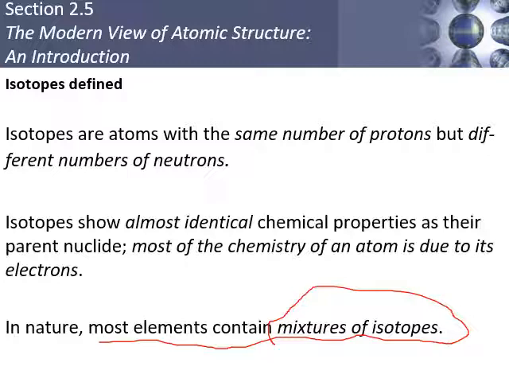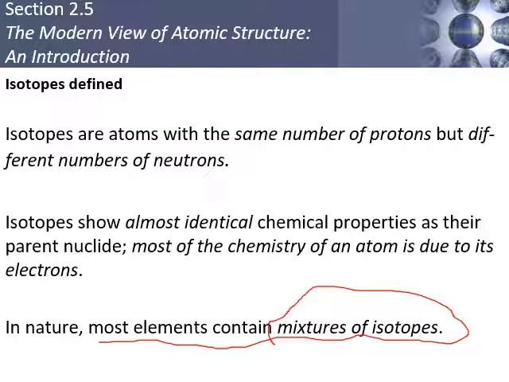But if you look at the chart, and you should do this just as an exercise, find carbon. It's going to have a 6 at the bottom because that's how many protons it has. That's its atomic number. But if you look at the mass number, it isn't exactly 12. It's 12.01. The reason is that some carbon exists not as carbon 12, but there's a little bit of carbon 13 and just a tiny amount of carbon 14.